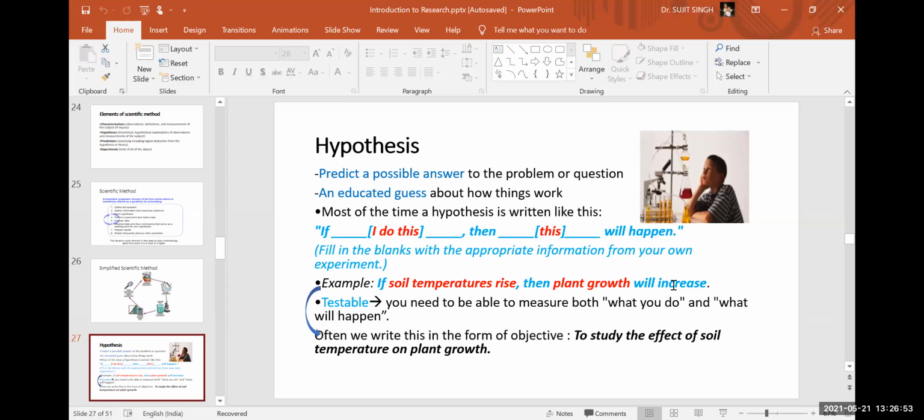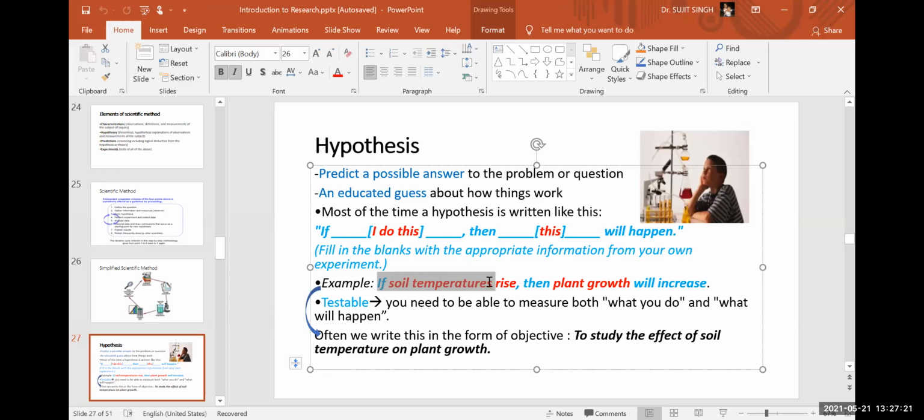This is an if-and-then statement. And this is just a guess. You can't say this is a fact. To verify it, you have to observe how the plant grows under different soil temperatures, and whether increasing the temperature really increases plant growth. Both things, soil temperature and plant growth, should be measurable. Then only can you apply that.